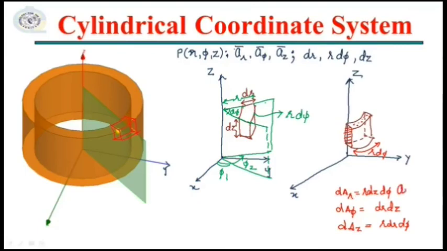I will simply write a r bar. It's quite simple. Similarly, dA phi is associated with the phi constant plane, and the unit vector that defines it is in this fashion. So it is into a phi bar.